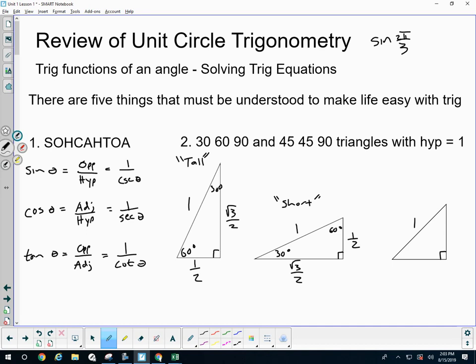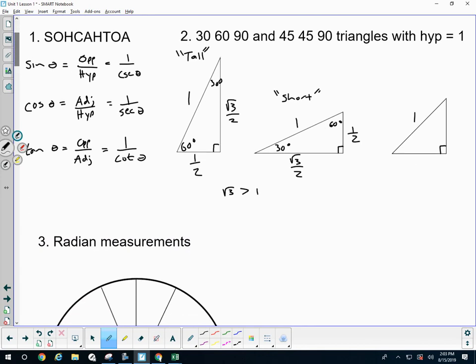I know √3/2 is bigger than 1/2 because I know √3 is bigger than 1. And since root 3 is bigger than 1, root 3 over 2 is larger than 1/2. So I consider this the longer side. Now the shorter.